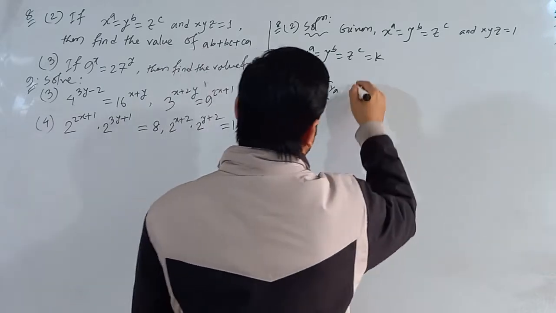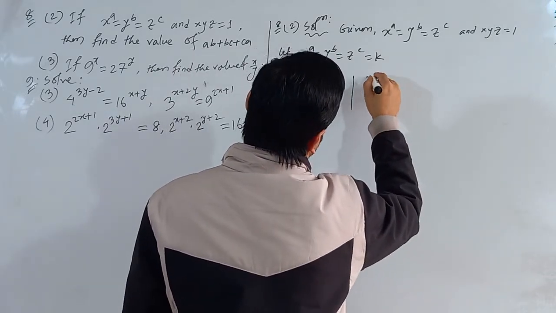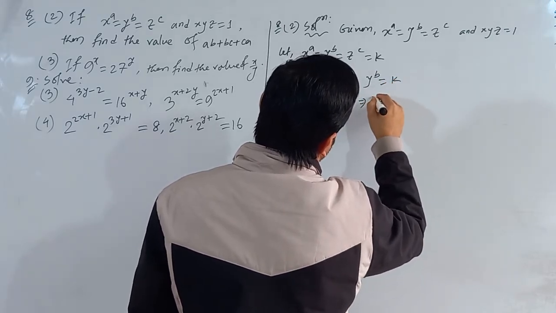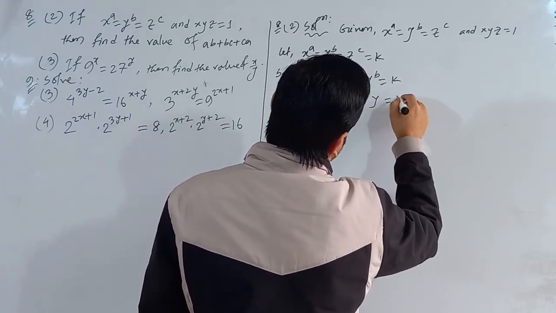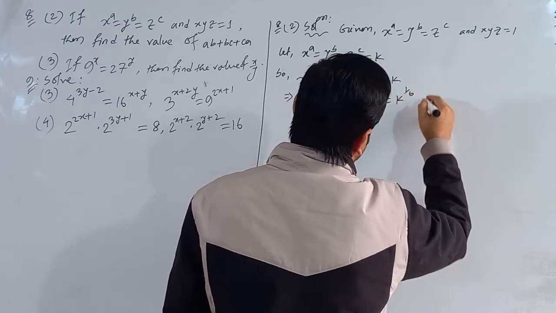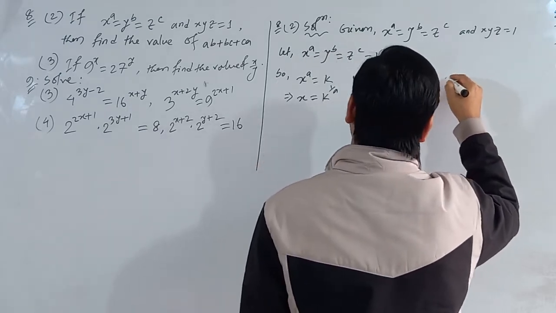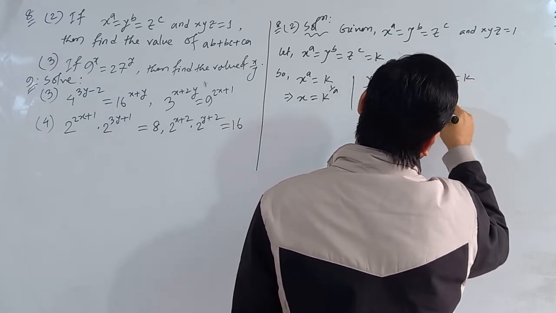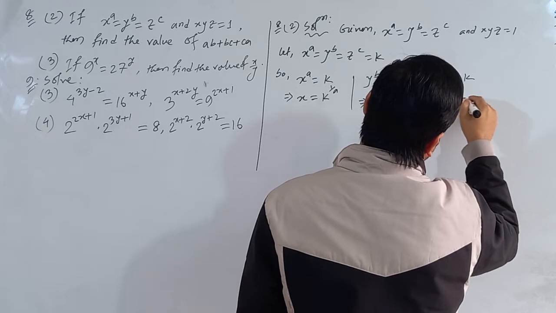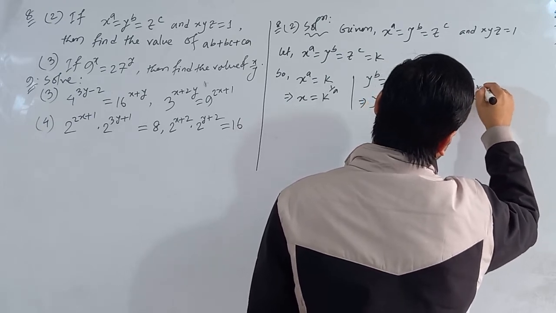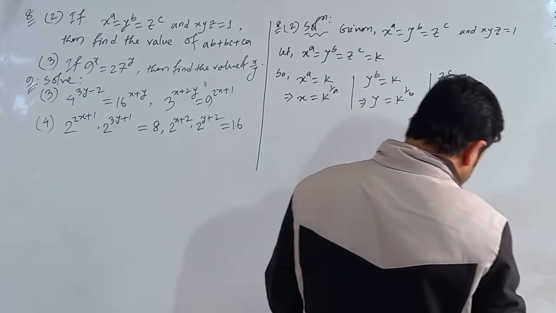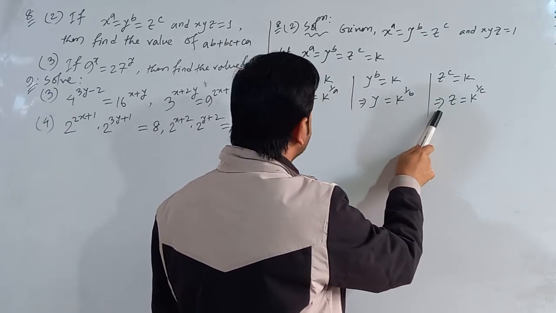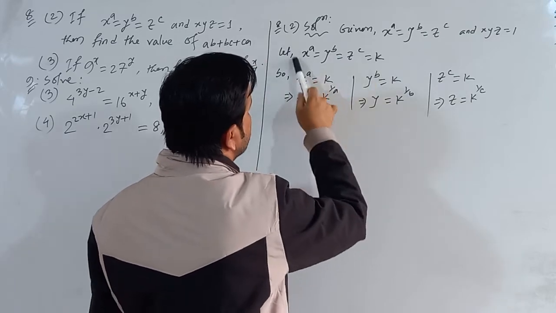Now similarly we can write here y to the power b equal to k implies y equal to k to the power 1 by b, and then last one we can write here z to the power c equal to k implies z equal to k to the power 1 by c. Okay dear students, so we have determined the value of x, y and z from this information.